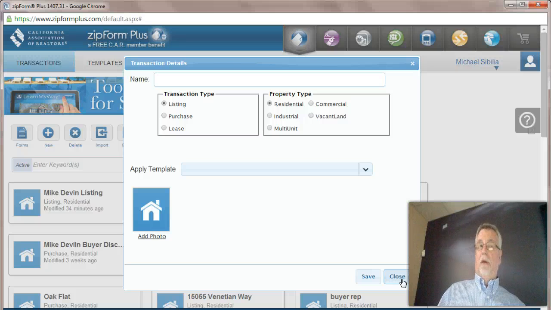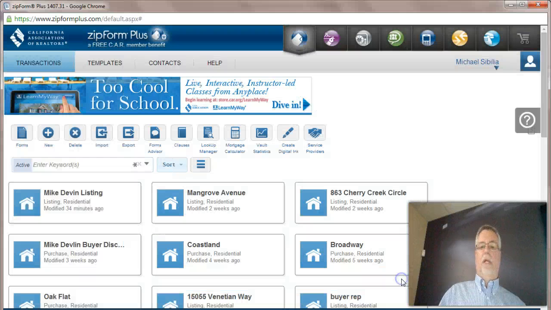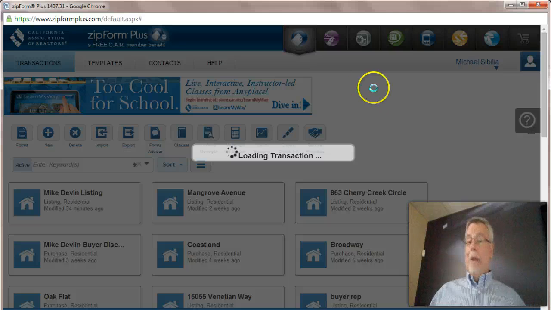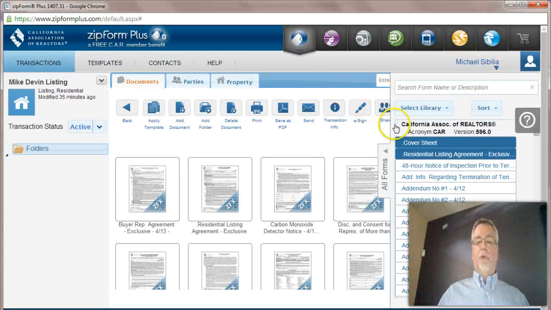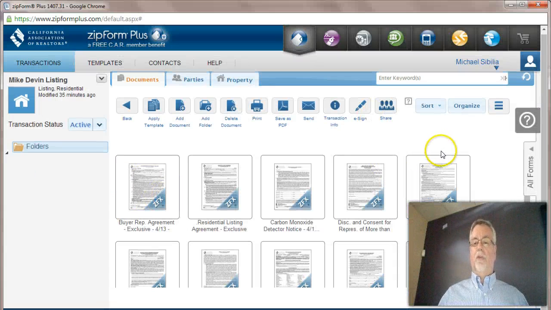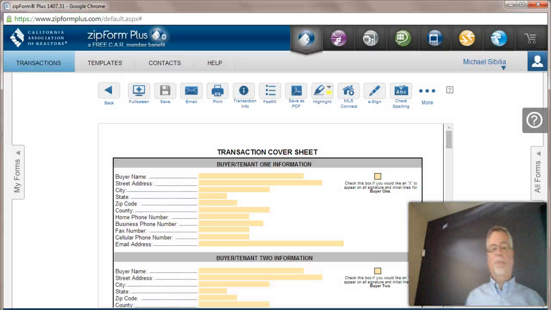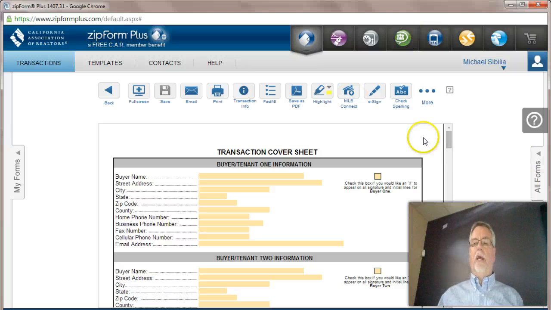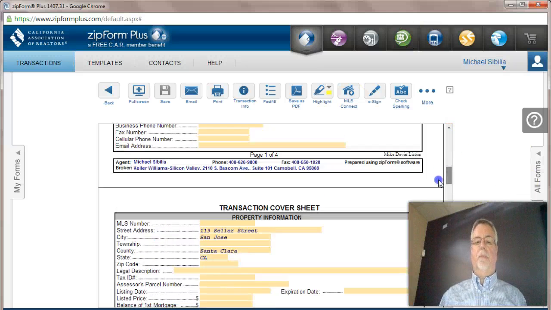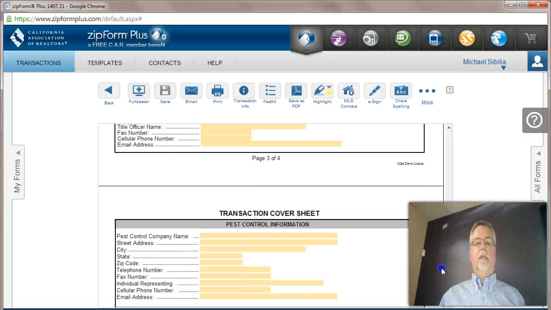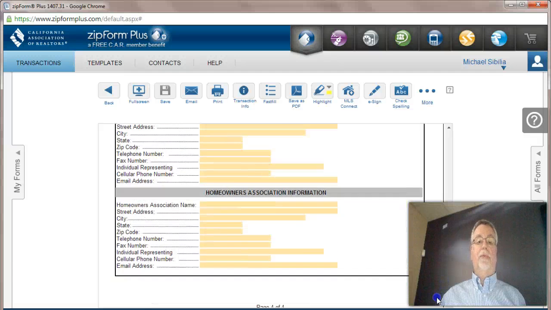So there's two parts to creating the template, maybe three. One part is adding in all the forms from the list. The other part is to open up the cover sheet, and I've put in some fake information about a seller because it won't let me do anything without it.